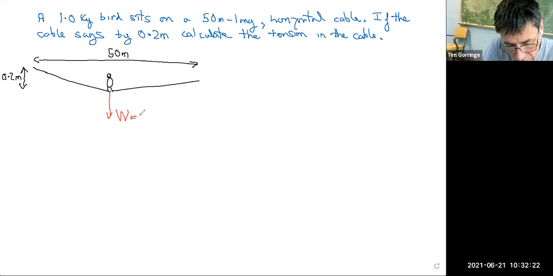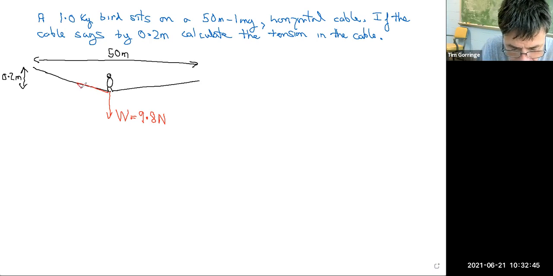And the weight of the bird is mg, mass times acceleration of gravity. If the bird's mass is 1 kilogram, acceleration of gravity is 9.8 meters per second squared. So the weight of the bird is 9.8 newtons. I'll just write that down. So that's one force that's acting on the center of the cable.